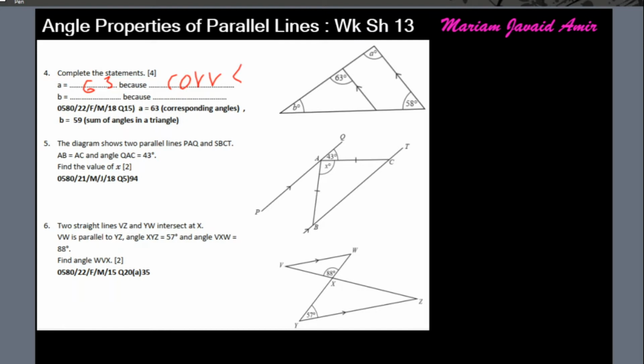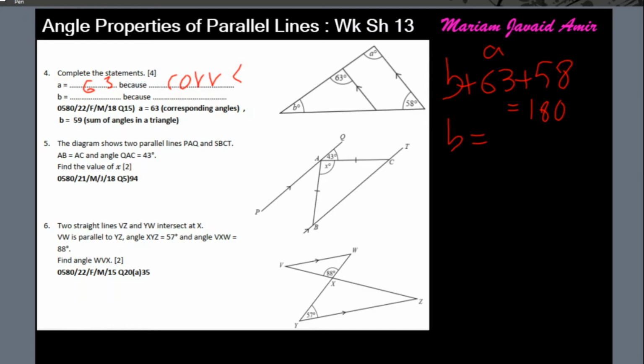For part B, look at this triangle. One angle is B, the other angle is A, which is 63, and the other angle is 58, and the sum of the three angles will be 180.